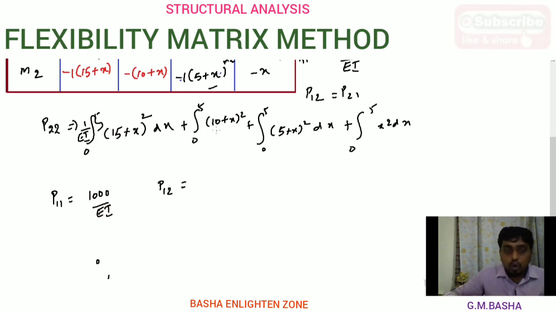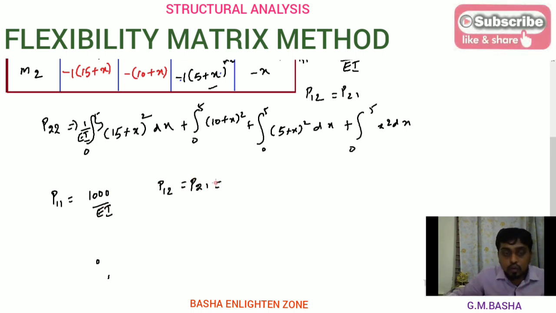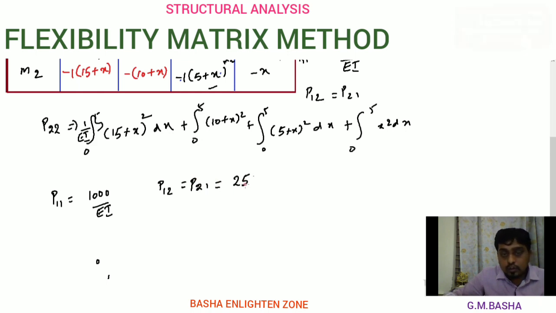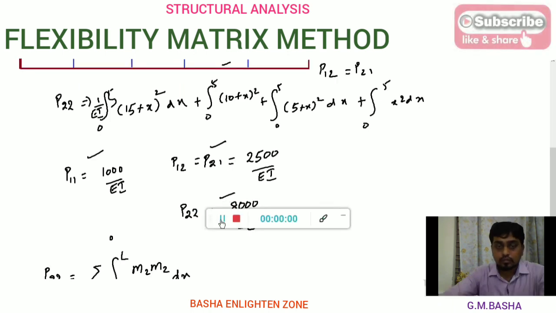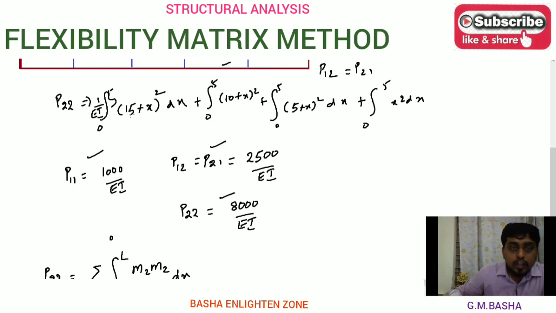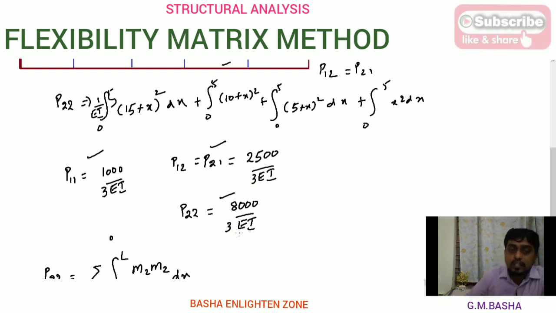Your P12 or P21 will be equal to 2500 by EI, and your P22 will be equal to 8000 by EI. Sorry, here the values will be 1000 by 3 EI, not 1000 by EI directly. So please take down the values correctly. P12 is 2500 by 3 EI. P22 will be 8000 by 3 EI.